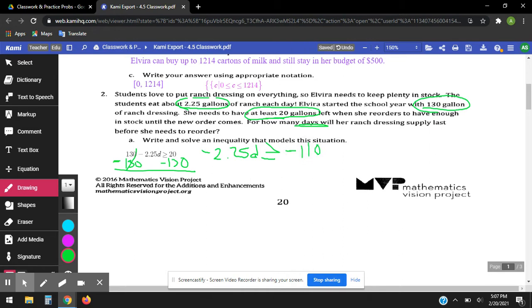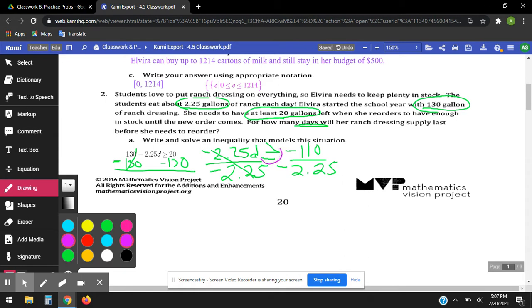And from here, I need to divide by negative 2.25 on both sides. Now remember, when we divide by a negative, what has to happen to the symbol? We're going to have to flip it.